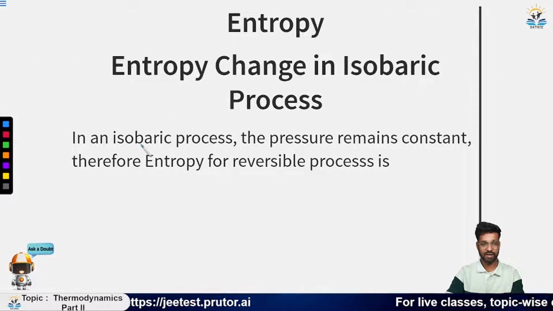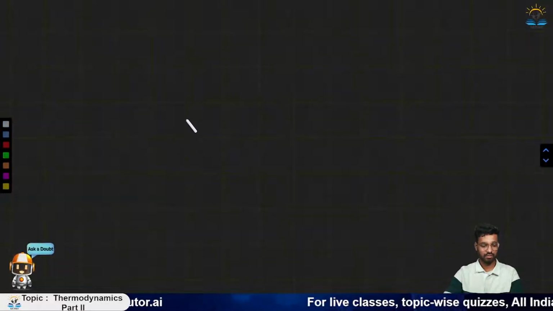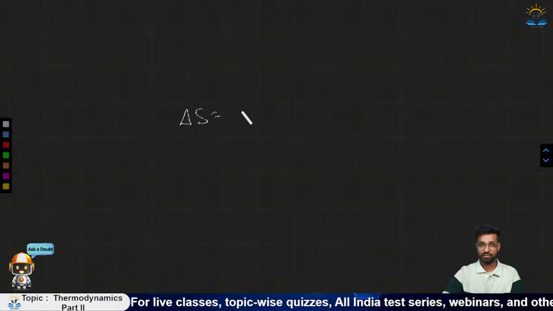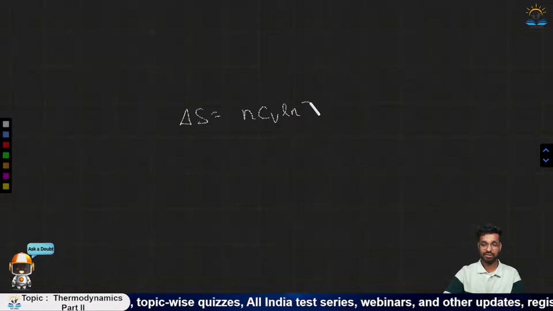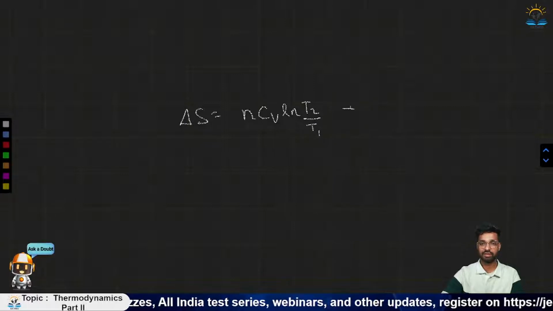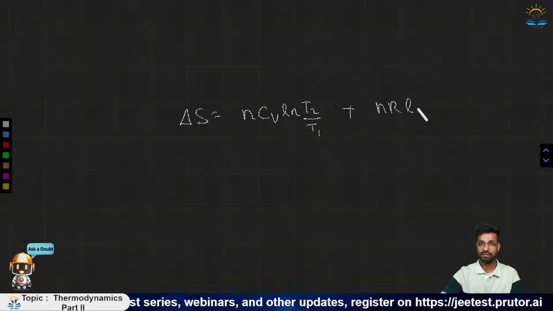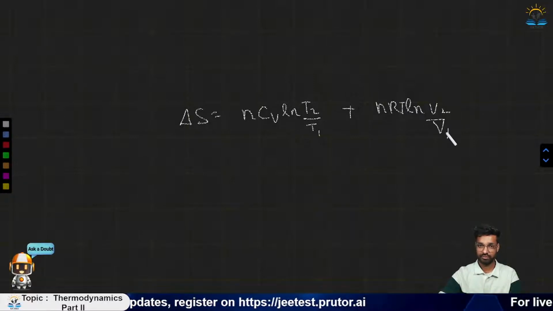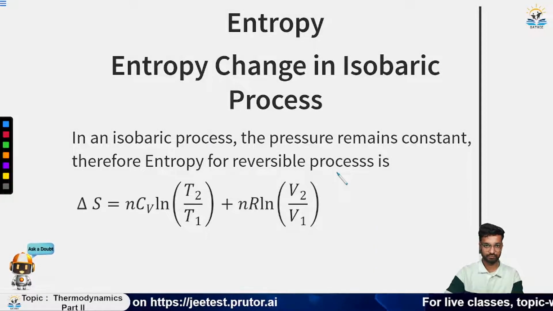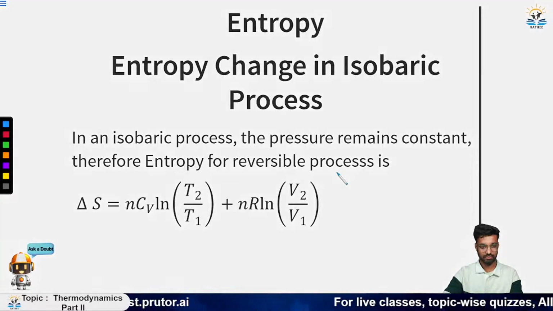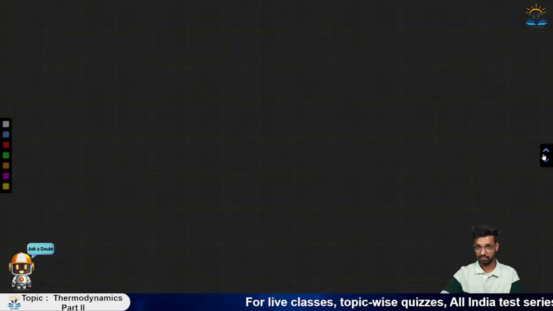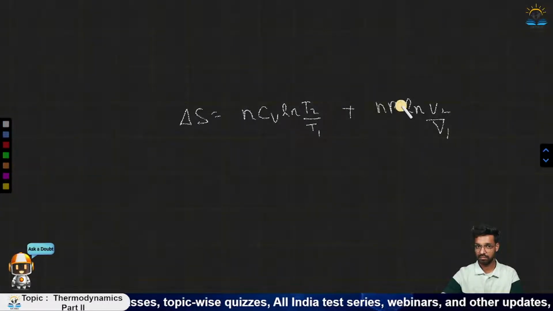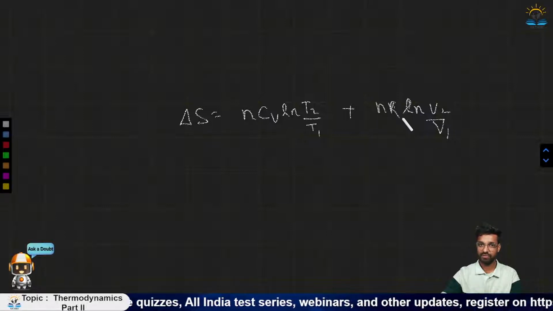Now if we consider it for an isobaric process, so we know that delta S is equal to nCV ln T2 by T1 plus nR ln V2 by V1.